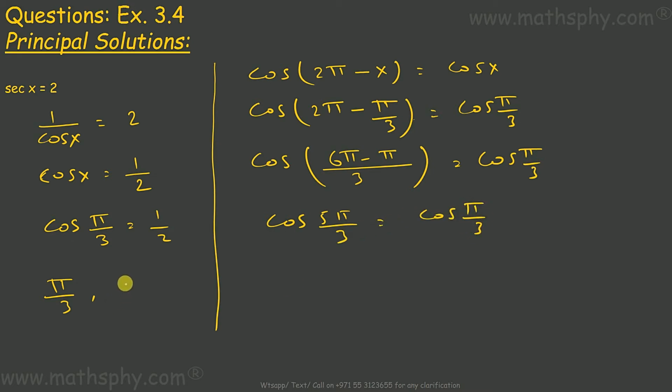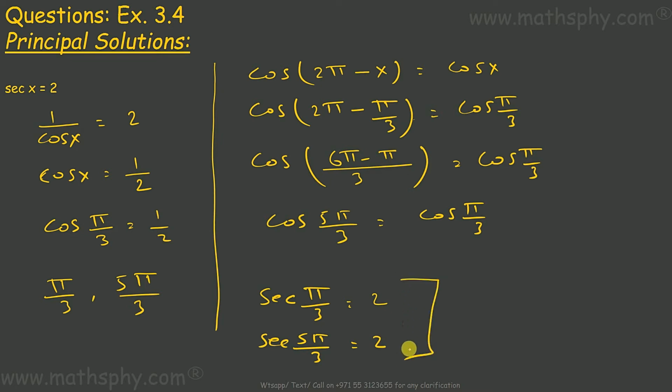It means the second solution can be 5 pi over 3. I can write it as sec pi over 3 equals 2, and sec 5 pi over 3 is also equal to 2. So that's the principal solution for sec x where the value is 2.